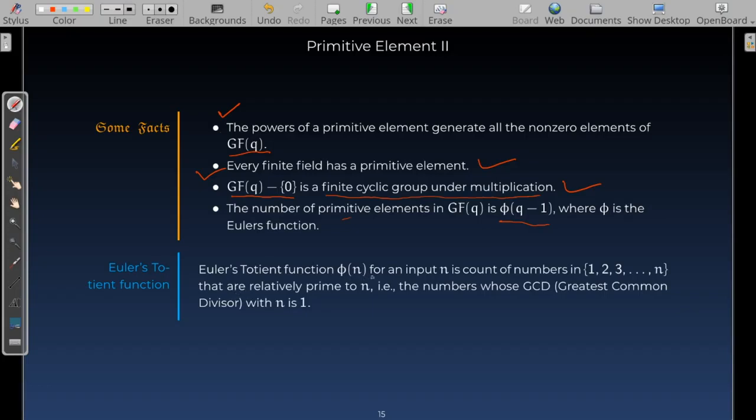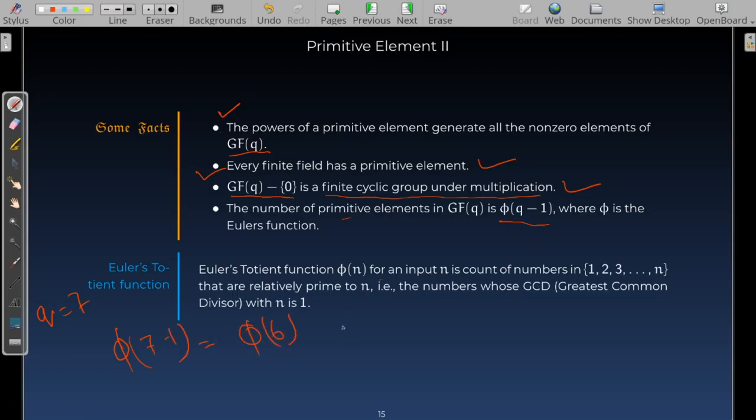Euler's totient function phi of n, for input n, is the count of numbers from 1 to n that are relatively prime to n. So we simply count how many numbers are relatively prime to n, and that will be phi of n. For 7, since q is equal to 7, we take phi of 7 minus 1, so phi of 6.